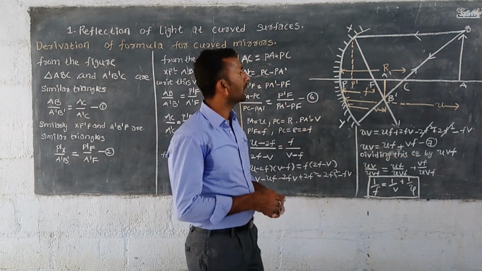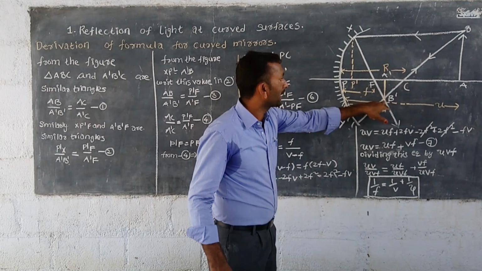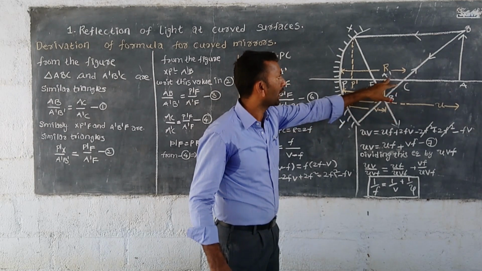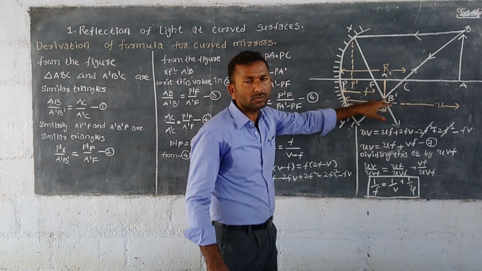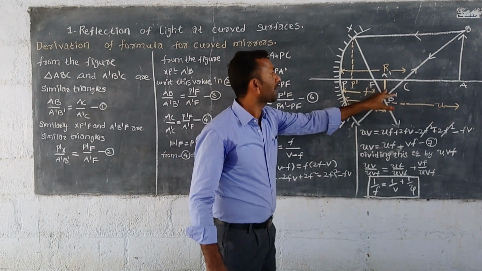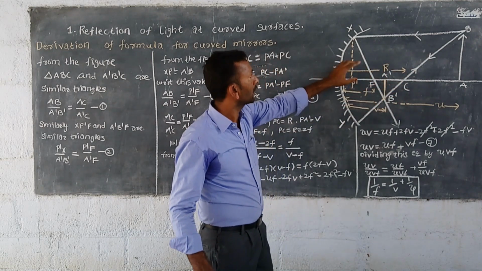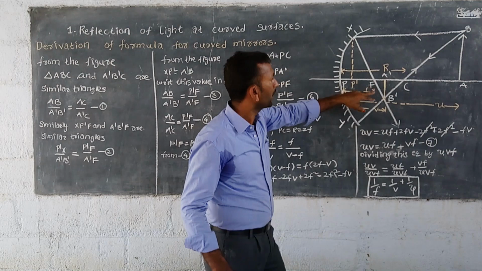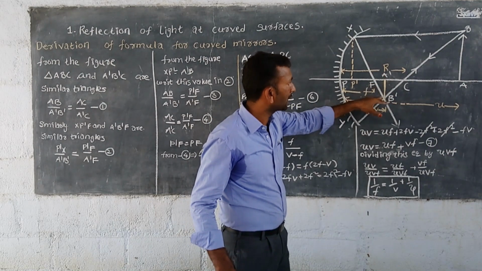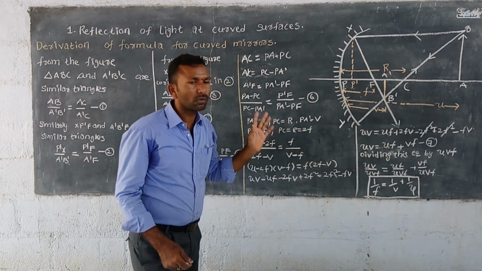From the figure, the two light rays intersect at point B dash, and we draw a normal line from the principal axis to the intersecting point. Some triangles can be observed: X P dash F, A dash B dash F, A dash B dash C, and A B C. In total we get four triangles.